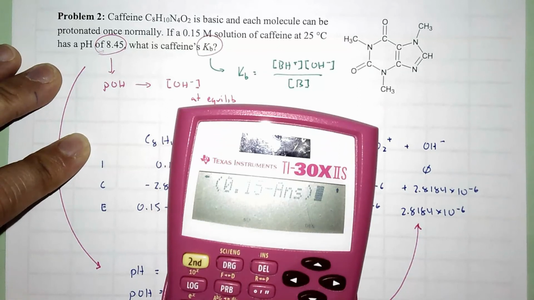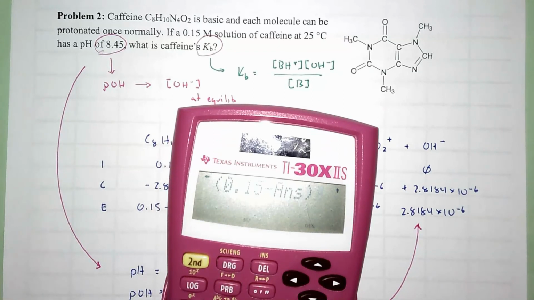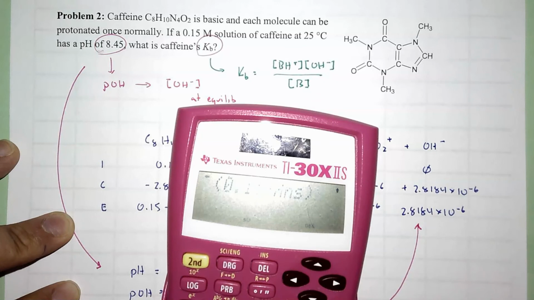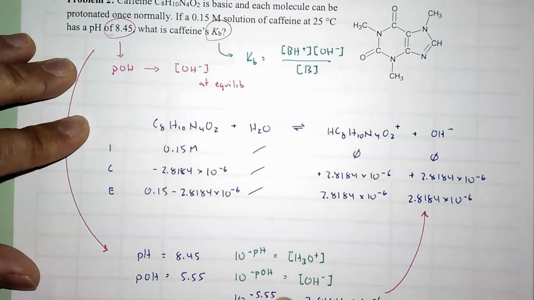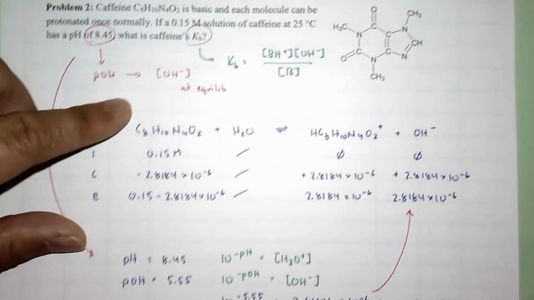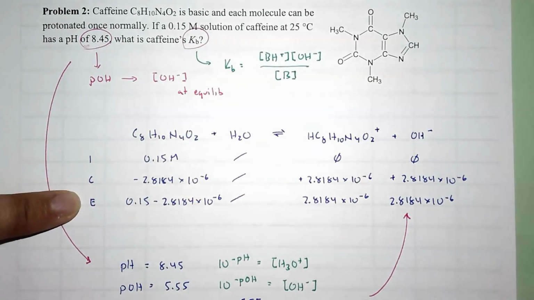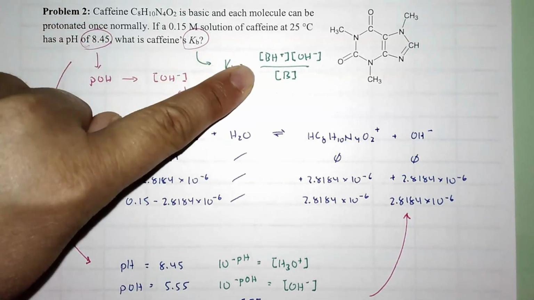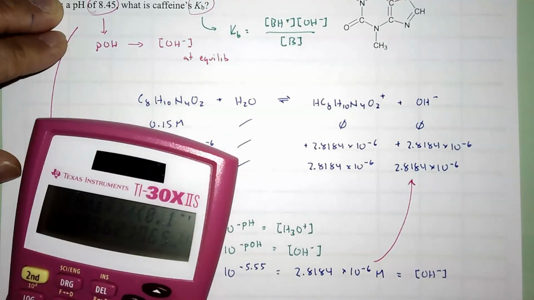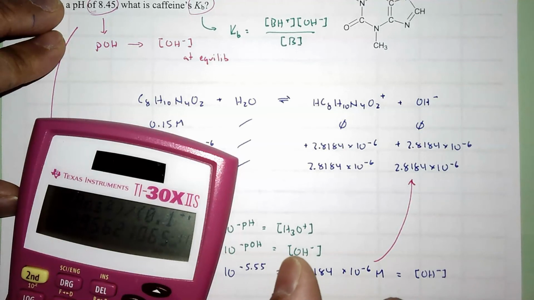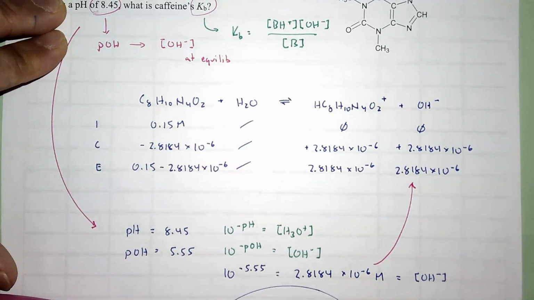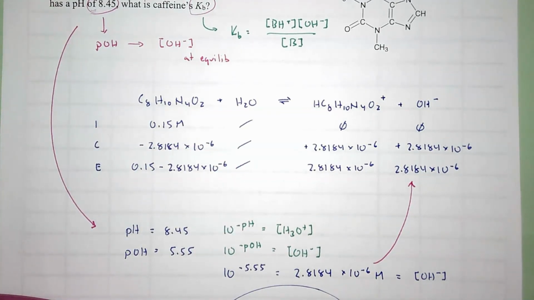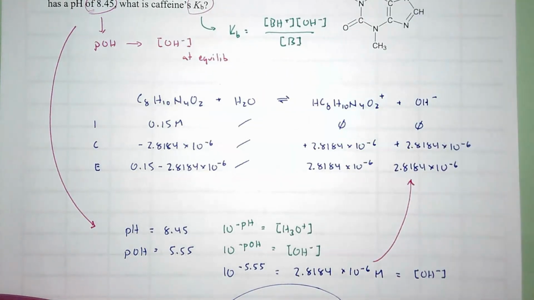I just want to make sure I'm not doing anything wrong. Right now, I have the Kb equals, and again, all I did was plug in the numbers in the E row up in this Kb expression. I got 5.30 times 10 to the minus 11. Now, I do have the answer from the solution manual.